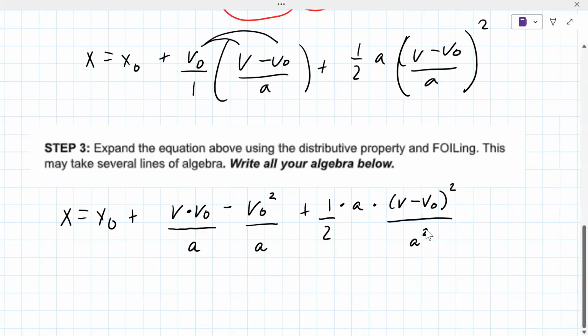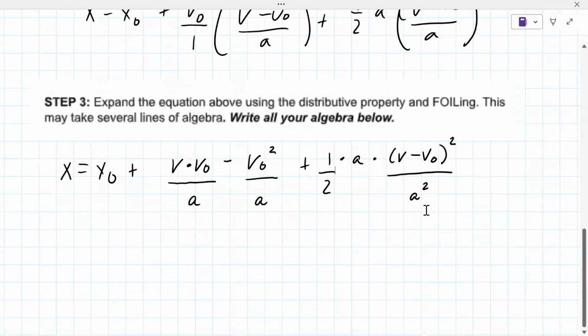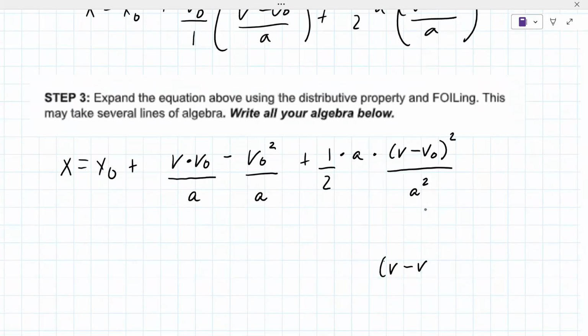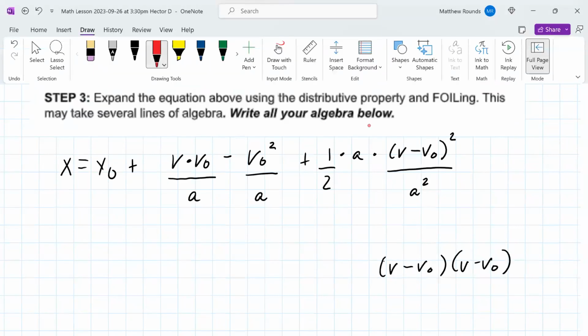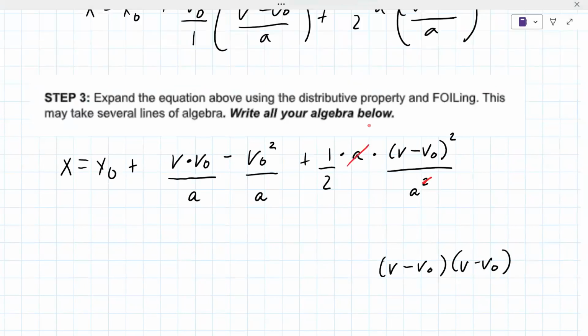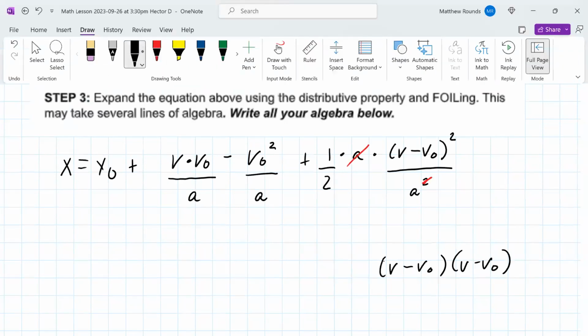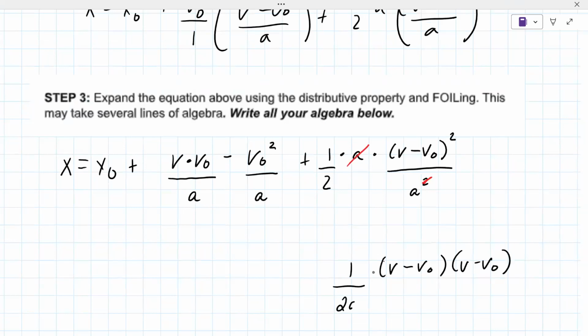So let me navigate here a little bit more. You basically just foiled the v0 and the 1/2 a. Foiling is going to come next: v minus v0 times v minus v0. What I want to draw your attention to is that there's an a on the top, two a's on the bottom, like that. And so what this becomes is 1 over 2a, the 2 and the a pair together down here, and then all this other stuff comes down.